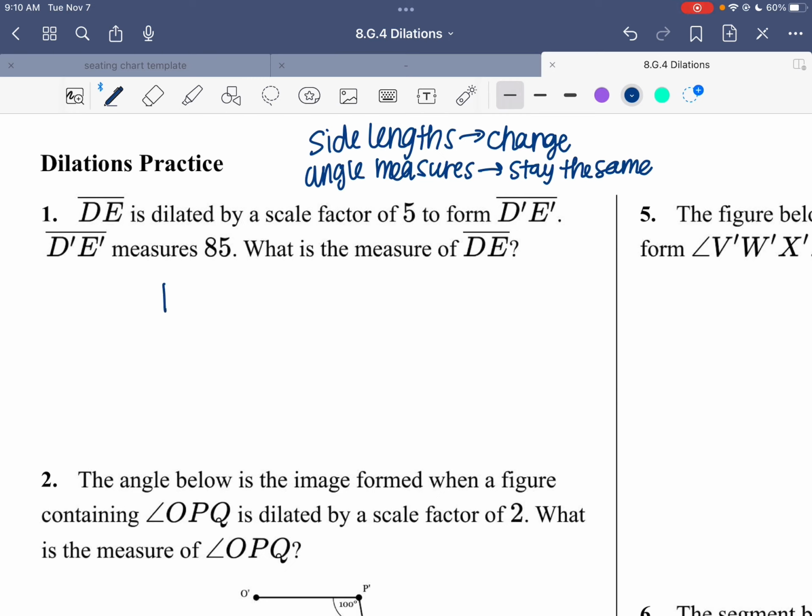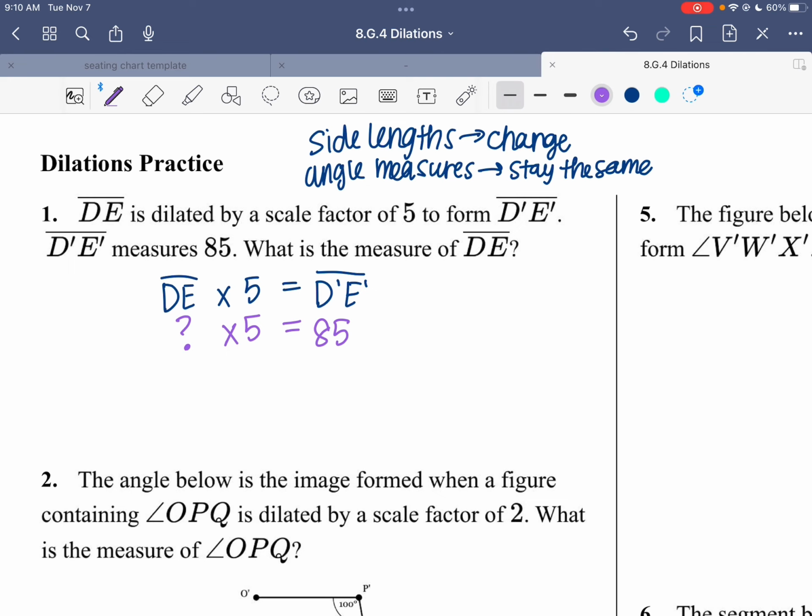So we know that line segment DE has to be multiplied times a scale factor of 5, and then we're going to get line segment D prime E prime. The information we are given in the problem is the length of D prime E prime, which was 85, and we were given the scale factor of 5, but we were asked to find the length, the measure of DE.